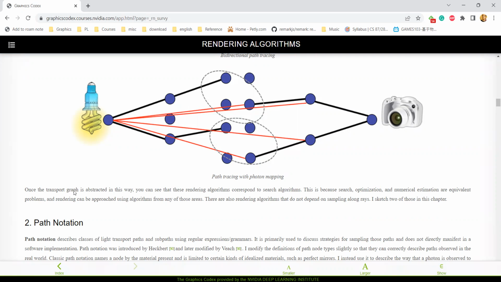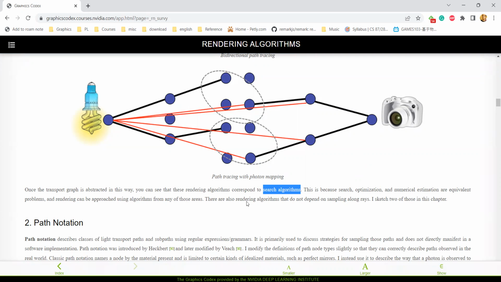When the transport graph is abstracted in this way, you can see that these rendering algorithms correspond to search algorithms. Yeah, that's true. It's kind of breadth first search. This is because search optimization and numerical estimation are equivalent problems, and the rendering can be approximated using algorithms from any of those areas.